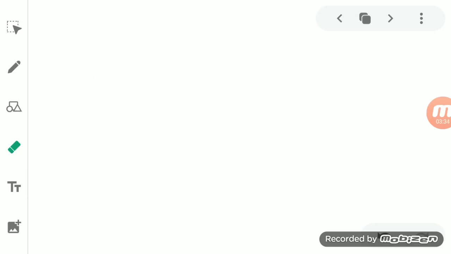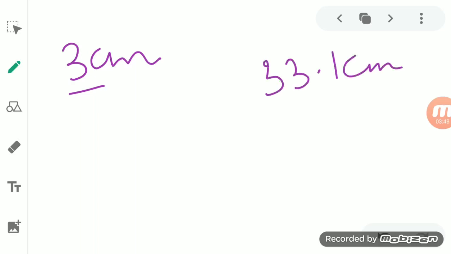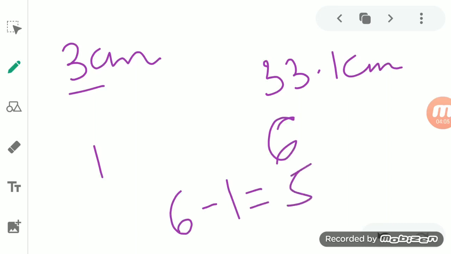So at one end it is 3 centimeters. So we have not started with the 0. We have started from 3 centimeter, and at the other end it is 33.1 centimeter. It is very similar to the question I explained earlier, where I told you that if suppose we do not consider 0 and we start with 1 and end at 6, then that will be equal to 6 minus 1 is equal to 5.